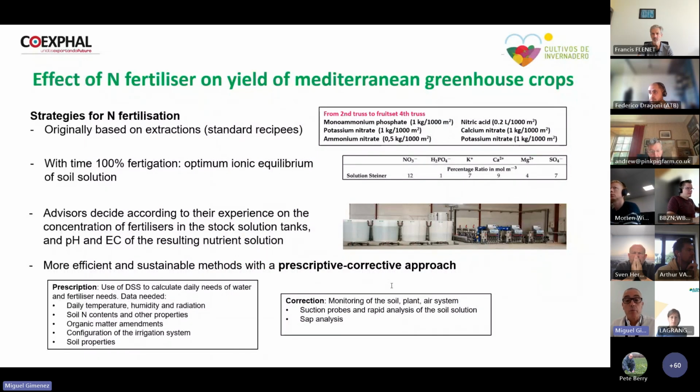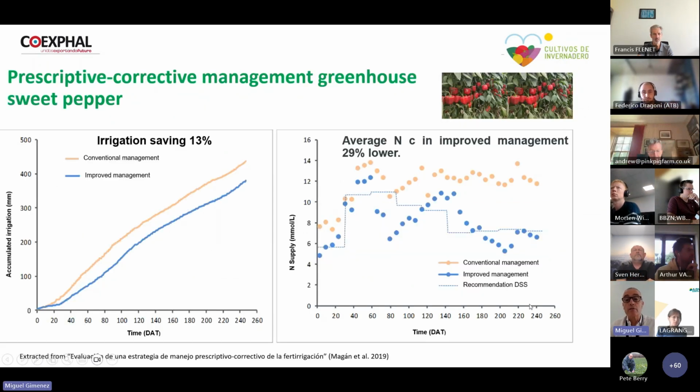Okay, so I'm going to give you now some results obtained after comparing a conventional management of the nitrogen application with an improved management based on this prescriptive corrective management, right?